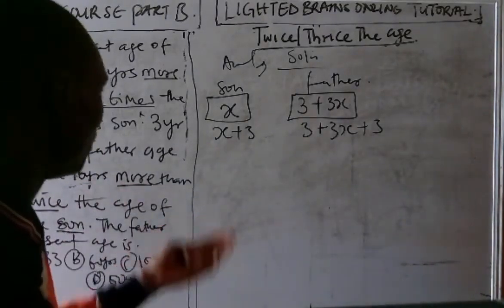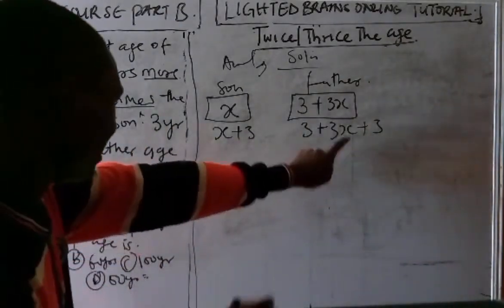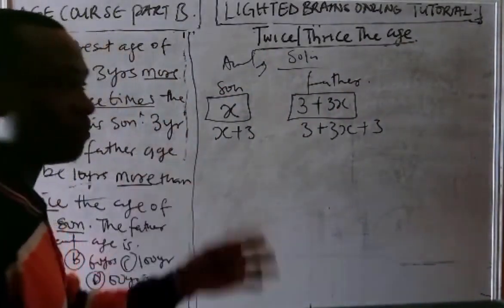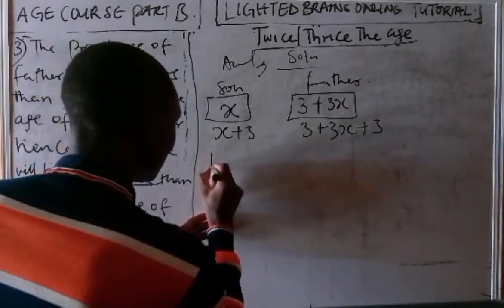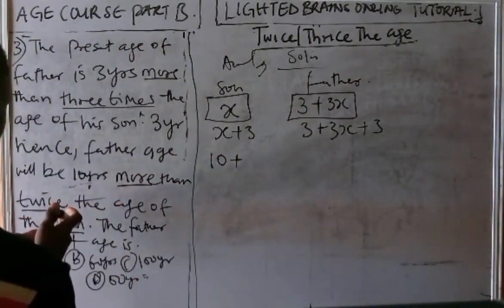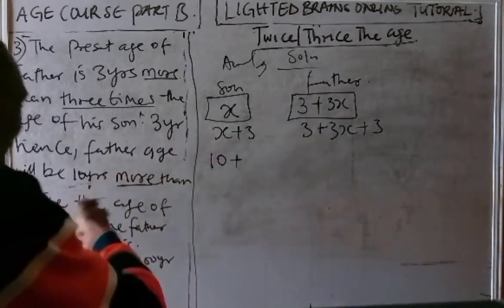Now this is very simple. We have analyzed the 3 years hence part. The father will be 10 years more, that is, 10 plus, more than twice the age of his son.